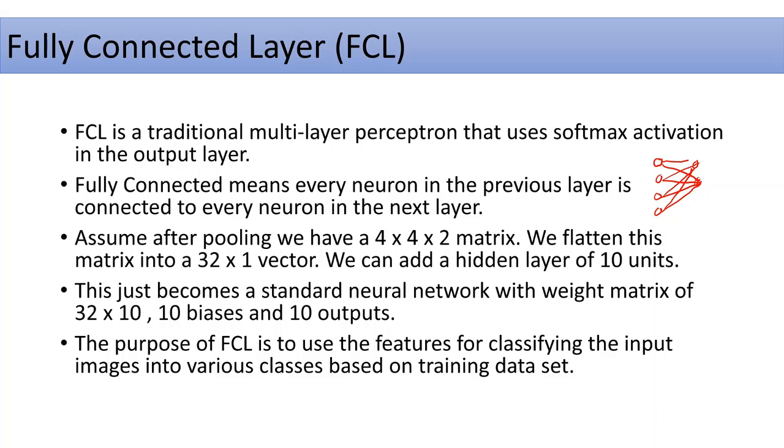Assume after pooling we have a 4 by 4 by 2 matrix, so that's a total of 32 units. We flatten this matrix into a 32 by 1 vector, and that gives us our 32 neurons. We add a hidden layer of, suppose, 10 units.